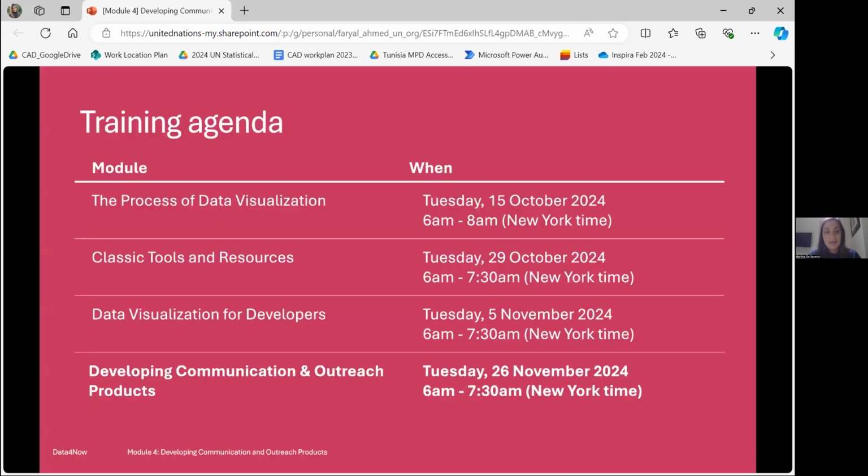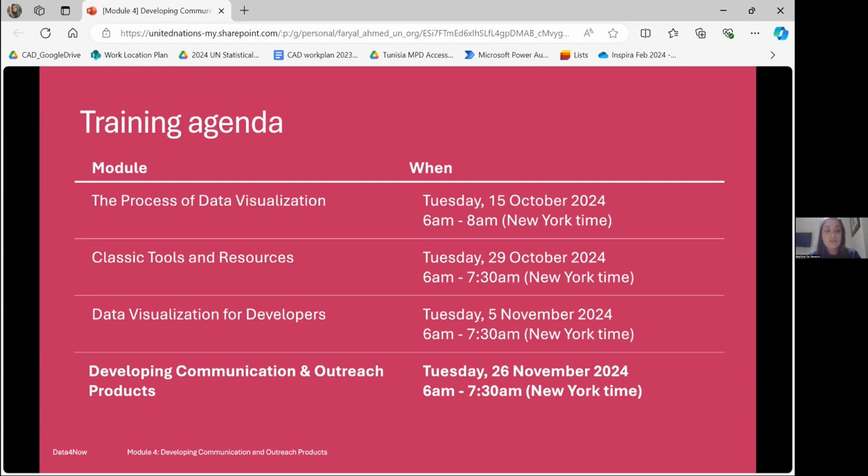This is the last mile of our data visualization journey. We started with a session on the process of data visualization and design thinking, where we touched base on the basics of data visualizations, some good practices, do's and don'ts when creating charts and graphs. And we also touched base on some fundamentals of the geospatial work.